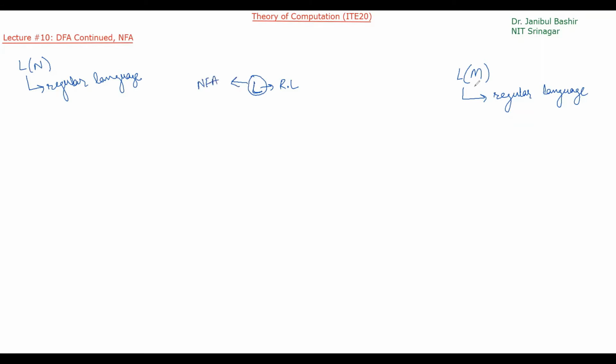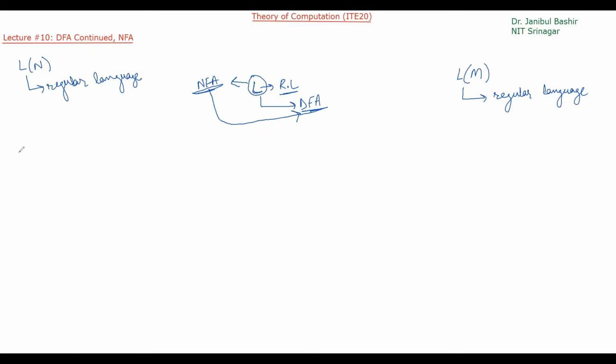But we also said that a language accepted by a DFA is a regular language, so there will also exist a DFA. So for a regular language, we will have a DFA and we will have an NFA. So we can say that every NFA has an equivalent DFA.